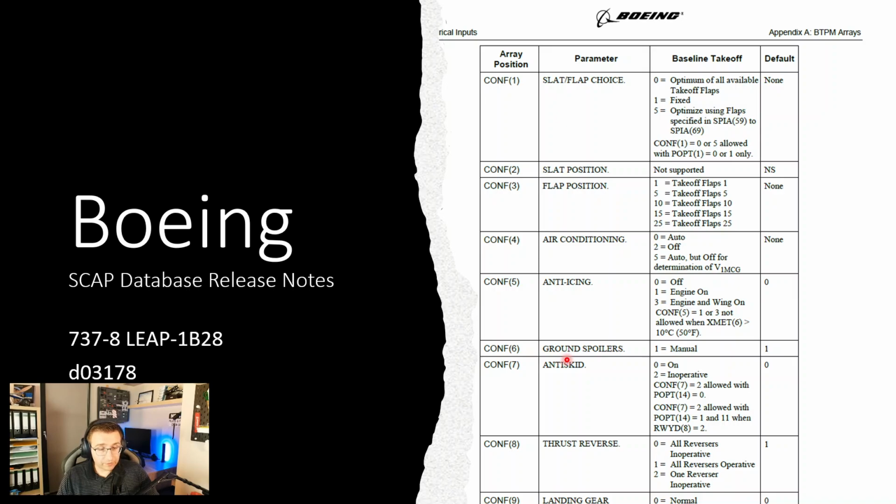One also interesting one is ground spoilers. On the Boeing aircraft, it's always manual for takeoff, and so this is the only option available. This is usually then not implemented into a performance tool because there's only one option available, so there's no point of selecting it.